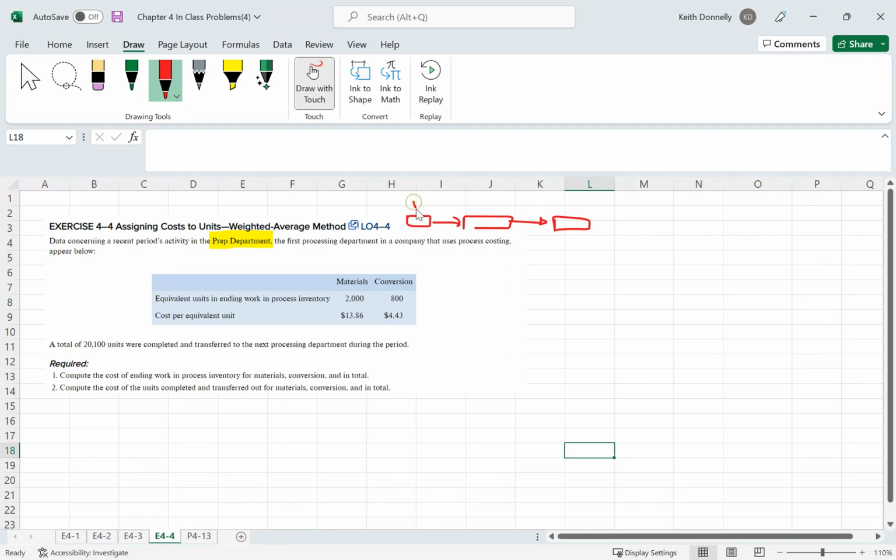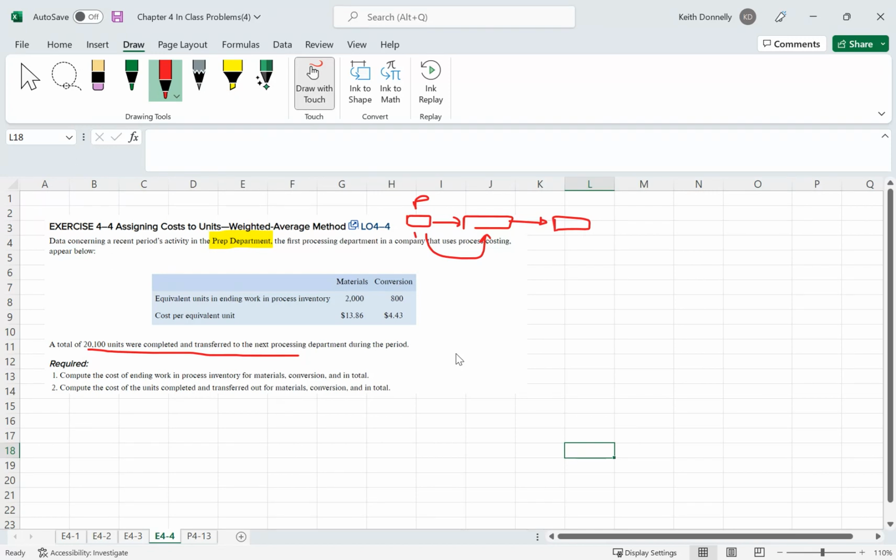What they're giving us here is equivalent units and ending WIP for materials and conversion. And then they're giving us the cost per equivalent unit. So again, you can see how this is building off of the prior examples. They said a total of 20,100 units were completed and transferred to the next department during the period. So it looks like we transferred over roughly 20,000 units.